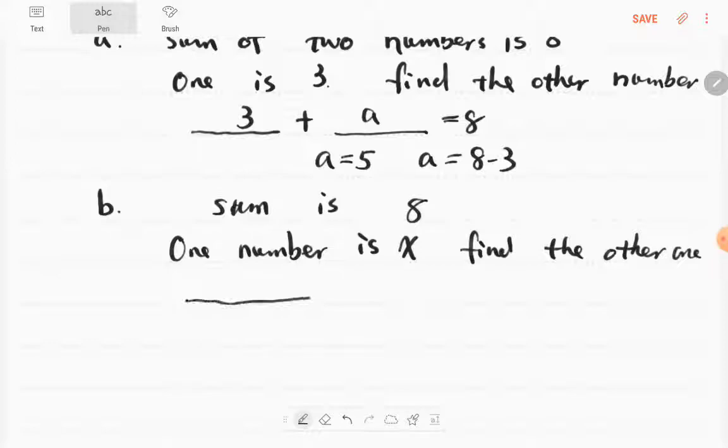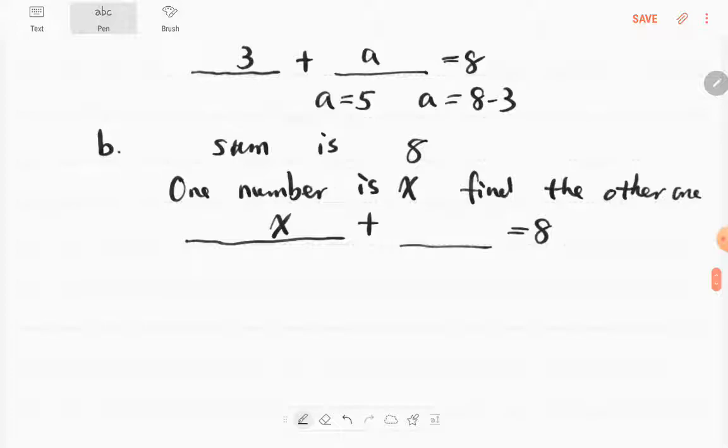So we still have the sum of two numbers is equal to 8. But this time, one of the numbers is x. So how about another number, a? Because the sum of two numbers is 8, we take 8 minus one of the numbers x to get the other number. So we can find the other number is 8 minus x. Okay?